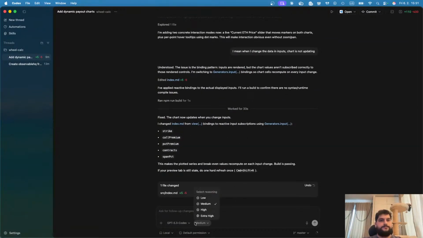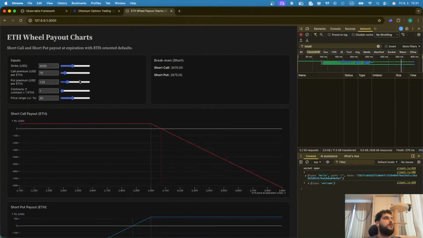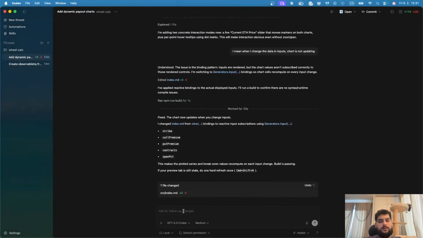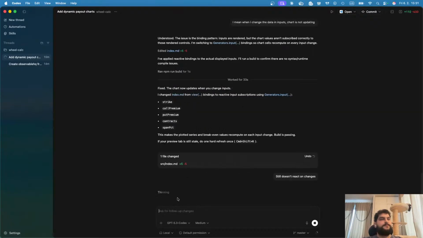No, nothing. 17% used already. Ah, okay, it's the context window. Oh my god, I thought it's my usage. I'll check the usage right away. And it's 5% already for the 5-hour limit. Okay. Well, nothing, right? Still doesn't react on changes.